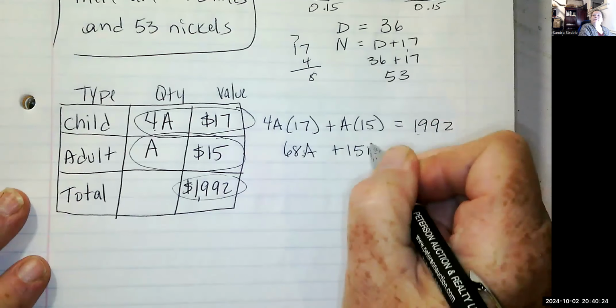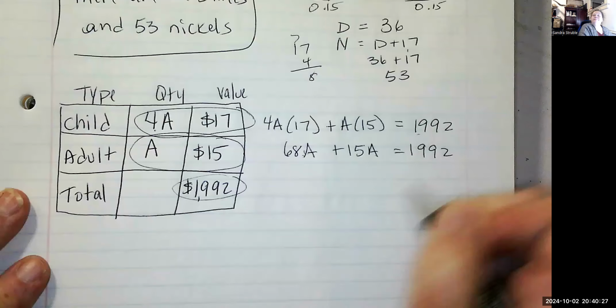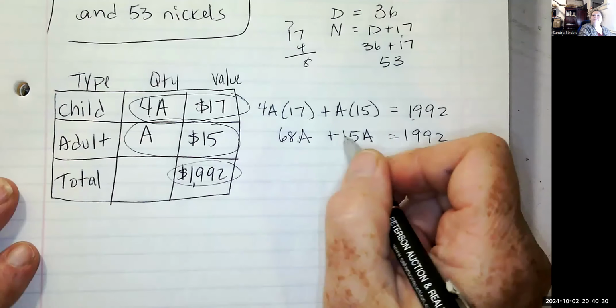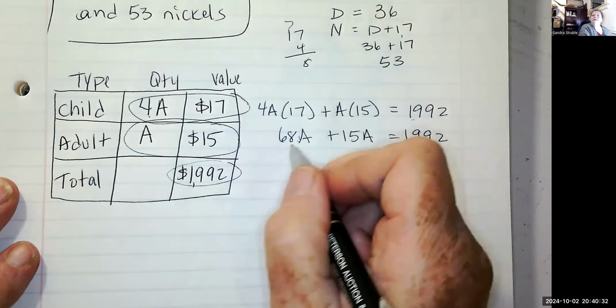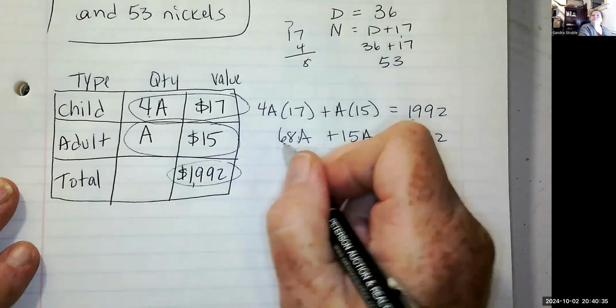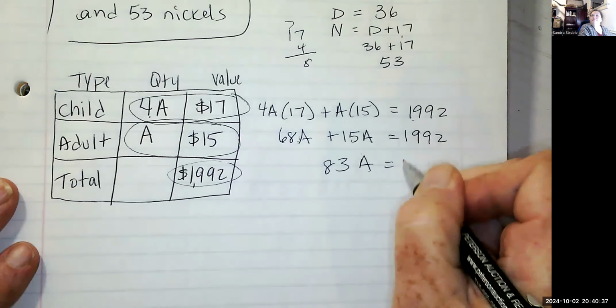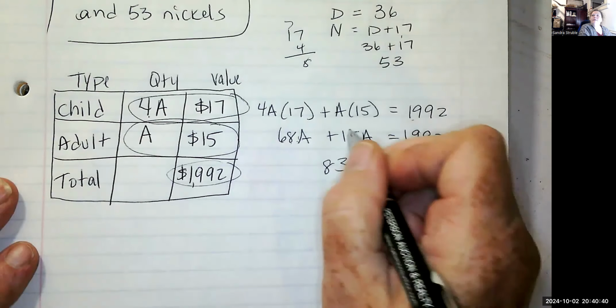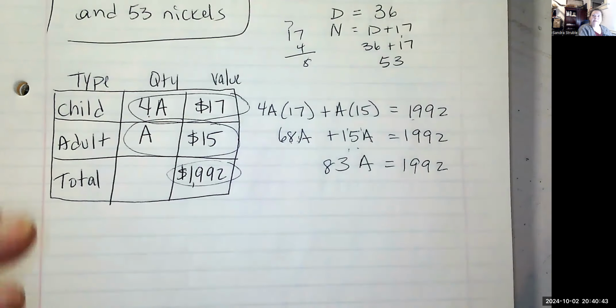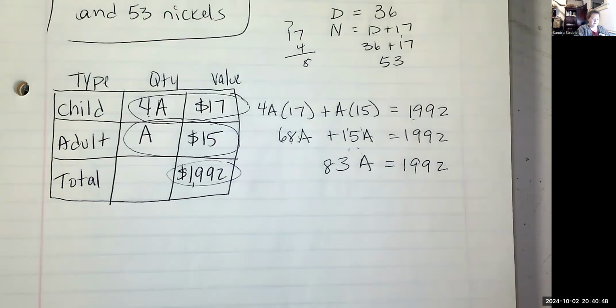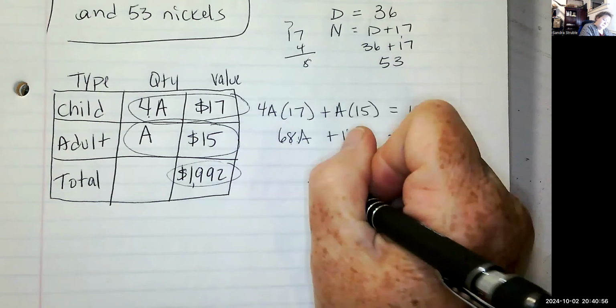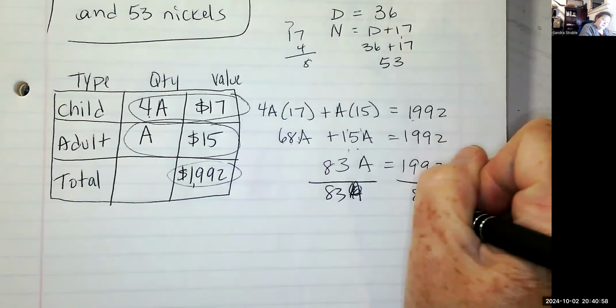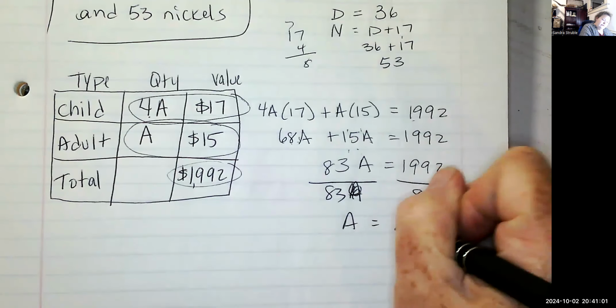Plus 15A is 1992. I need to add the 8 and the 15: 8, 9, 10, 11, 12, 13, carry 1. Yep. All right, and then I'm going to divide that real quick. Oh, sorry, divide by 83. And so adults, there were 24.